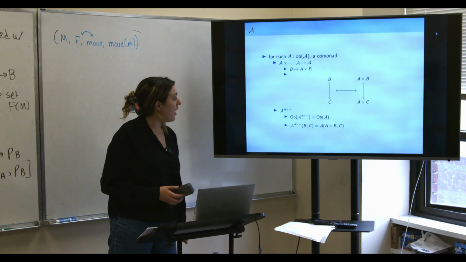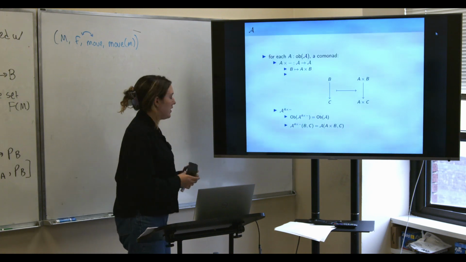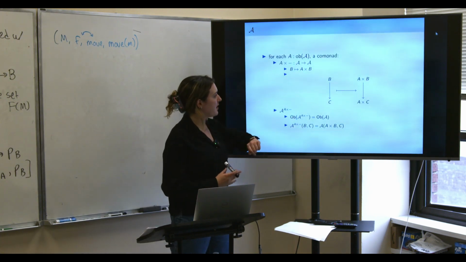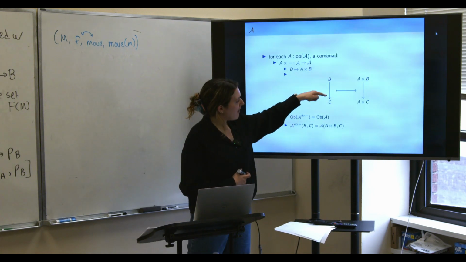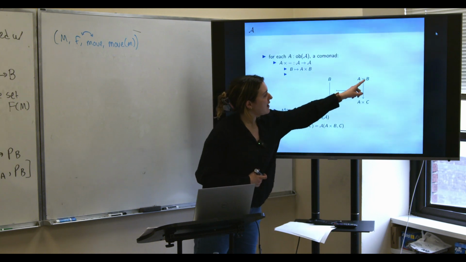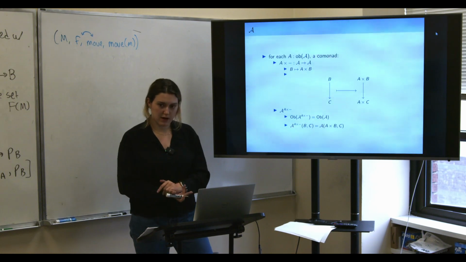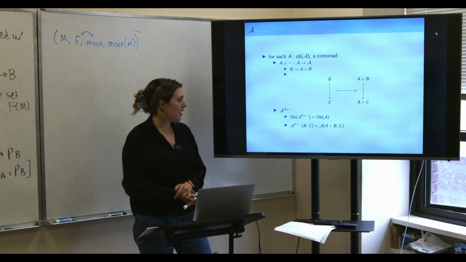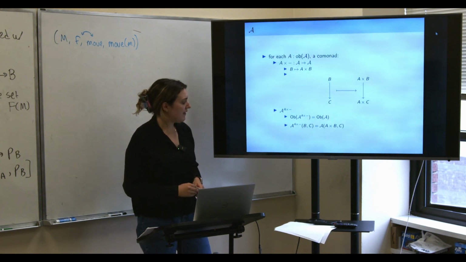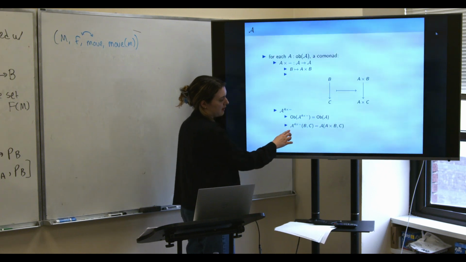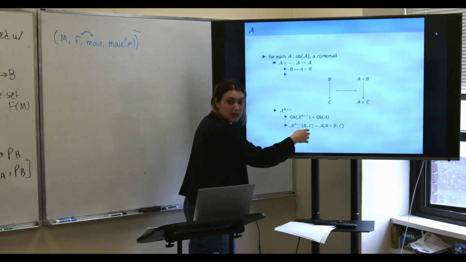And for each A in the objects of the category, we get a comonad. So we're going to get this comonad A times blank, which sends an object B to A times B, and sends an arrow from B to C to A times B to A times C. And we're going to construct the coKleisli category of this comonad, which has the same objects as our original category, and an arrow from B to C in the coKleisli category is given by an arrow from A times B to C in our original category.